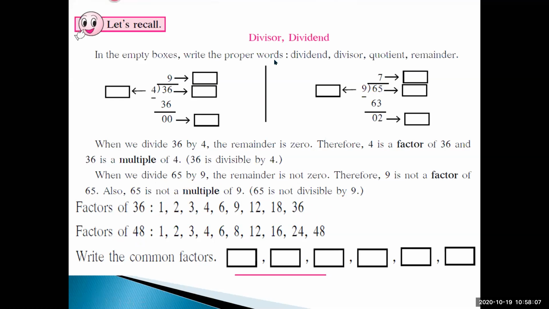And if anyone asks what is the greatest factor of any number, your answer would be the number itself. So this is the lowest factor and this is the greatest factor.